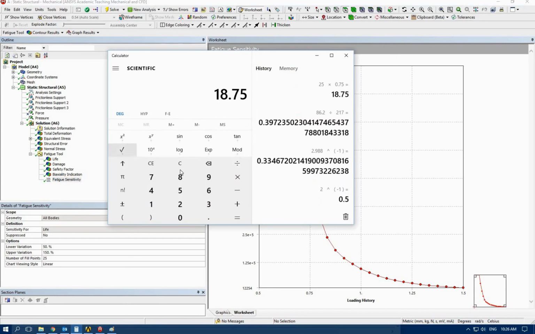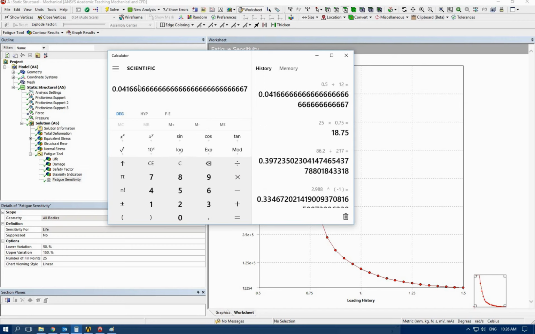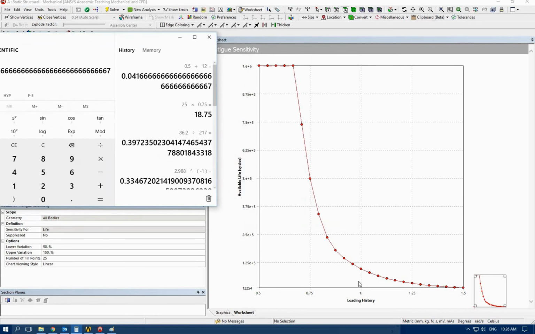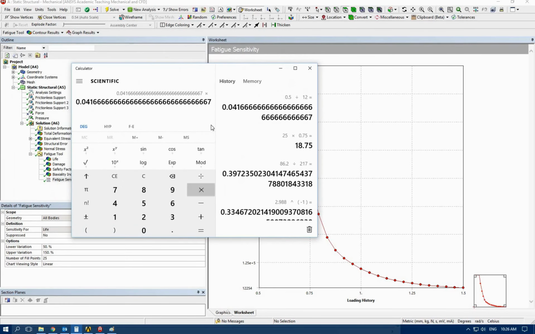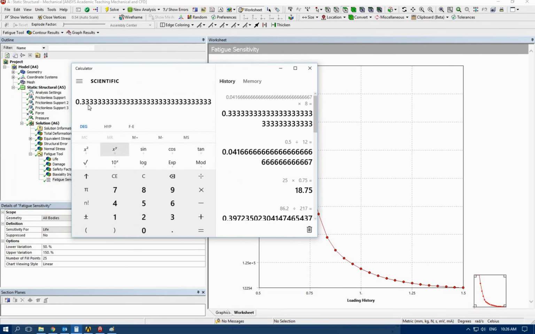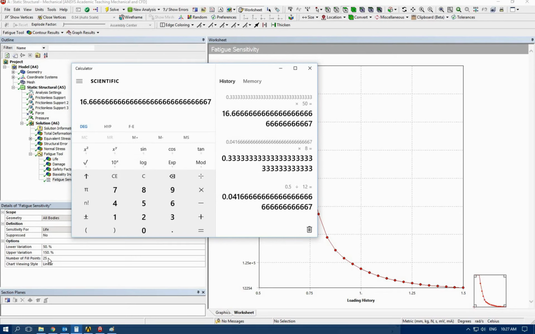So this says 0.5 divided by 12 sections, and I need to decrease 6 times or 7 times. Let me count once more. 1, 2, 3, 4, 5, 6, 7, 8 times. So I need to decrease 0.33 times. So this one times 50, it is going to be 16.66.